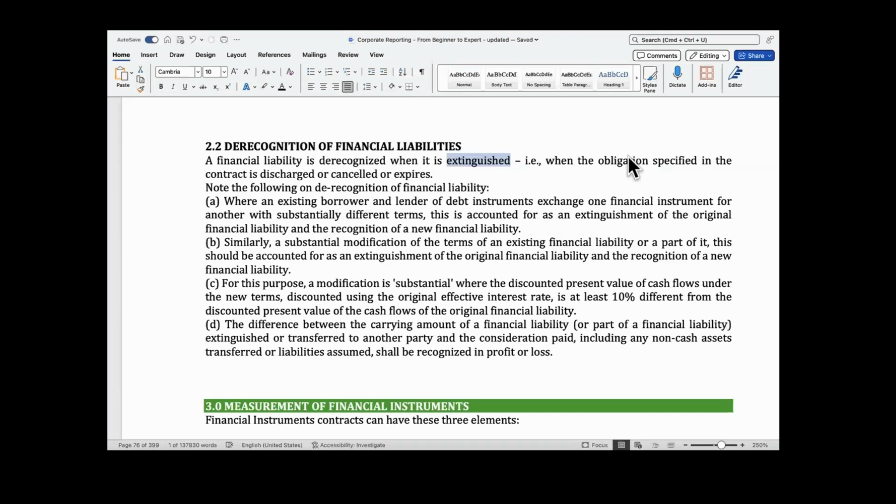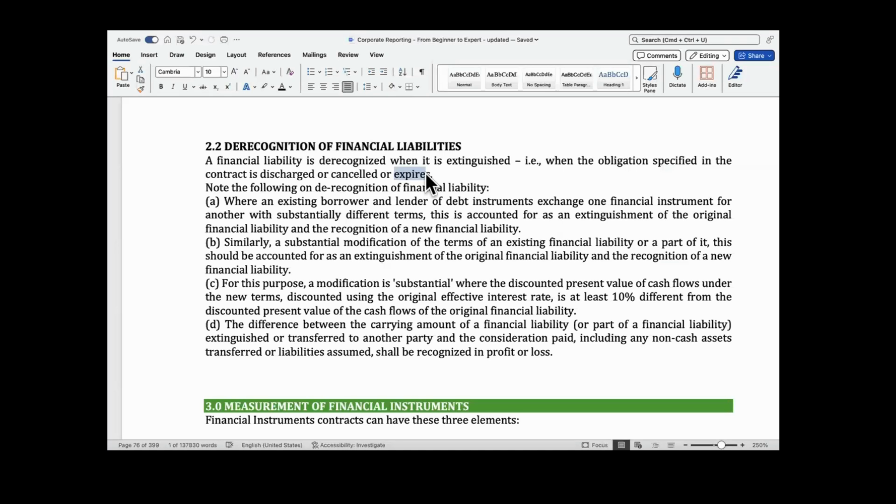That is, when the obligation is discharged, is cancelled, or expires. That's extinguished. Discharged, probably you have paid it, you've settled it.